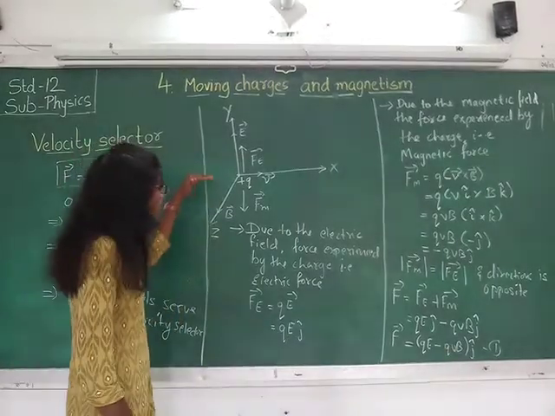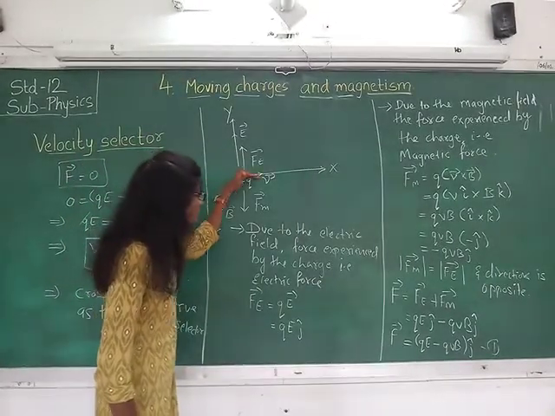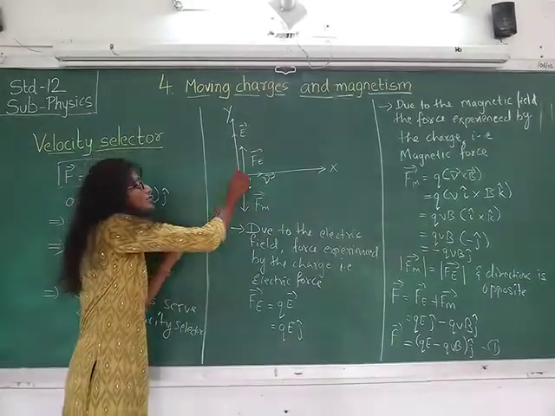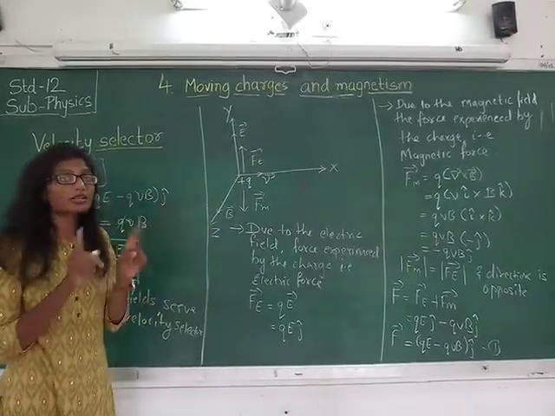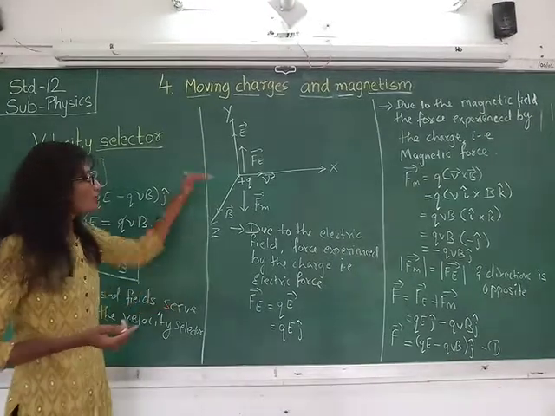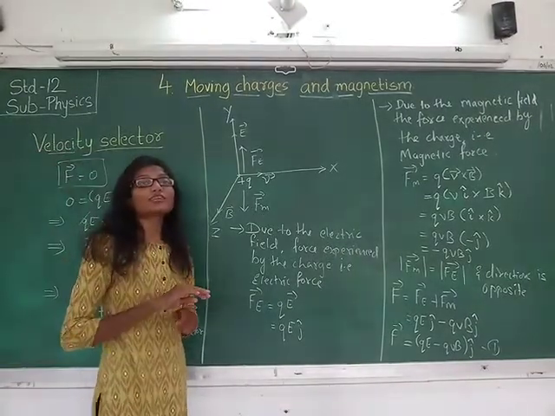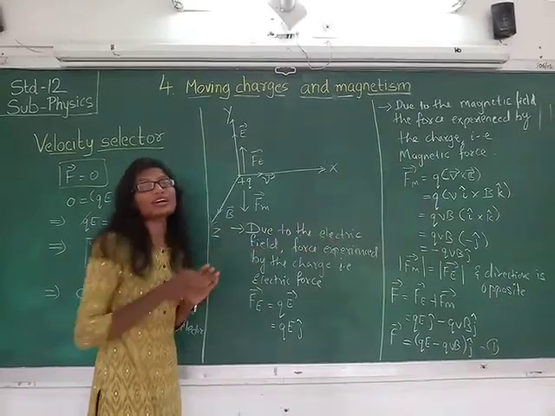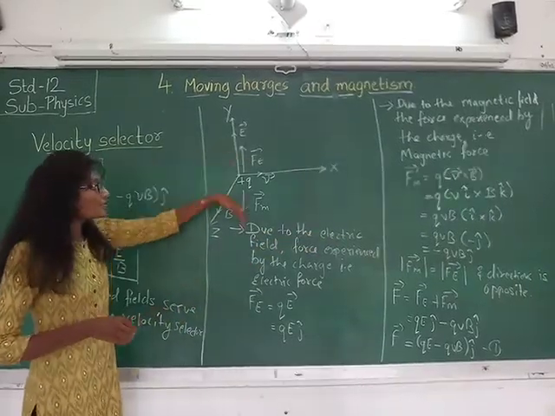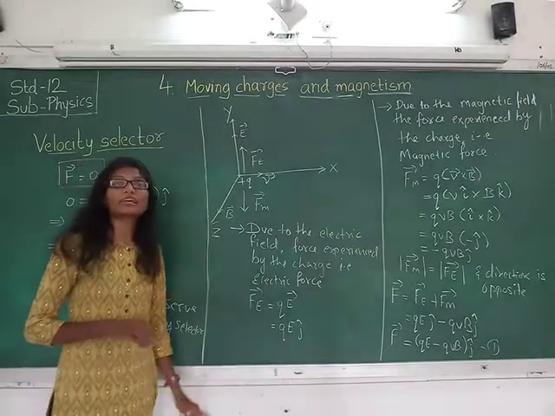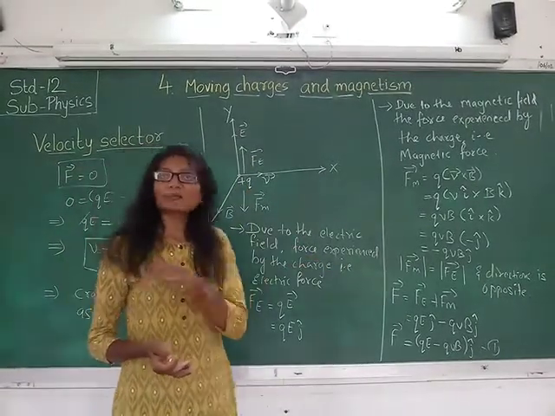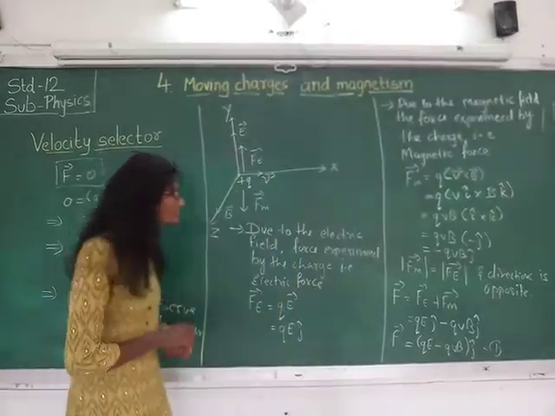That means when a charged particle is moving with its particular velocity, both the forces will not exert on it because that will cancel out. So the charged particle will not experience any force and it will move with its own velocity. There will be no effect of electric force and magnetic force on the charged particle. So it is free to move in its path with its velocity.